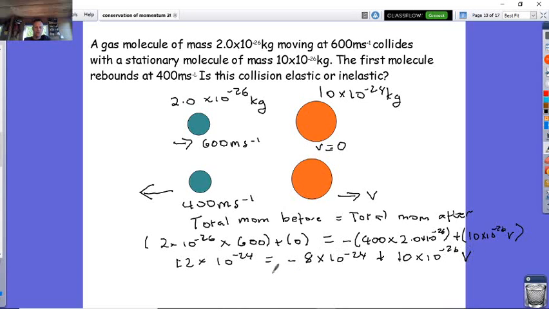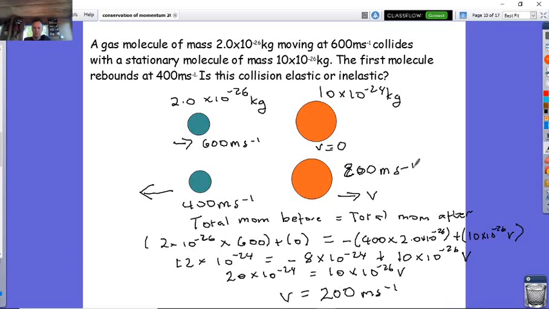Now, if you take that across to the side, that then is going to be 20 times 10 to minus 24. Then that's going to equal 10 times 10 to minus 26 v. If you put all that into your calculator, you'll find the velocity is going to be 200 meters per second. And it's positive, which means it's going off in the right hand direction.